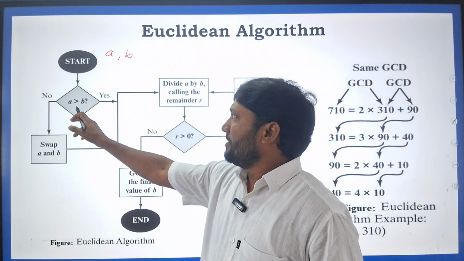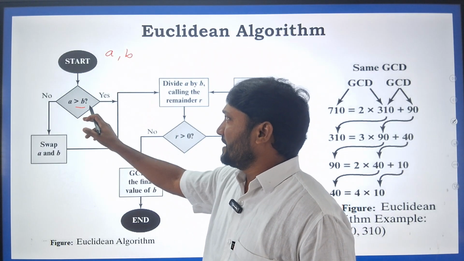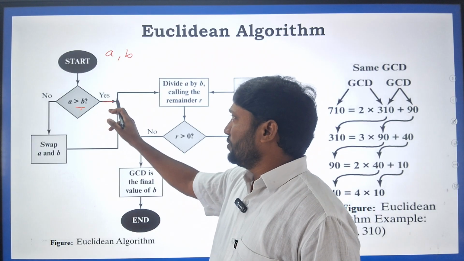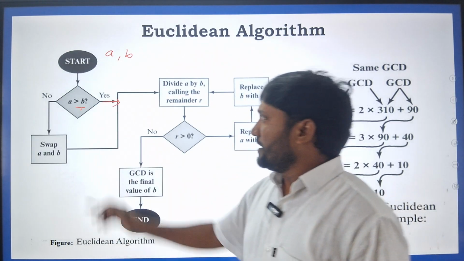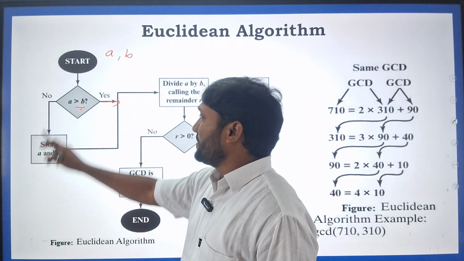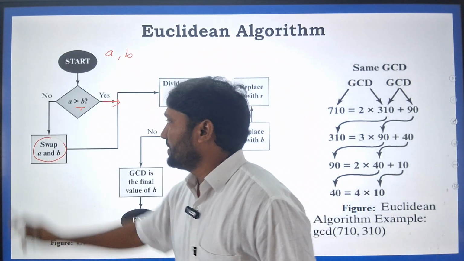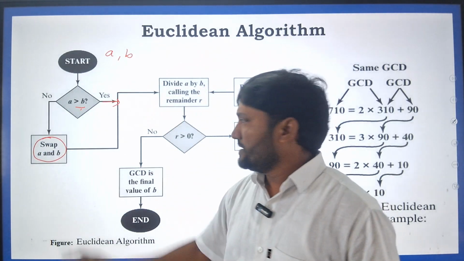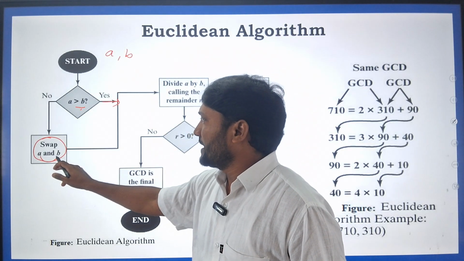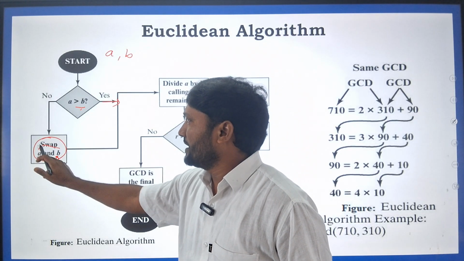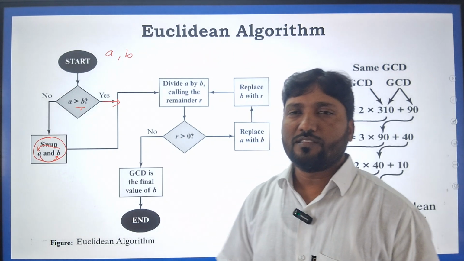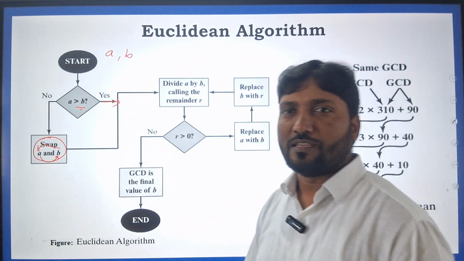Now the condition will be verified here. If a is greater than b, then we calculate the GCD. If a is not greater than b, then we swap a and b. That means in place of a, we take the b, and in place of b, we take the a value. That is the only condition we apply here.